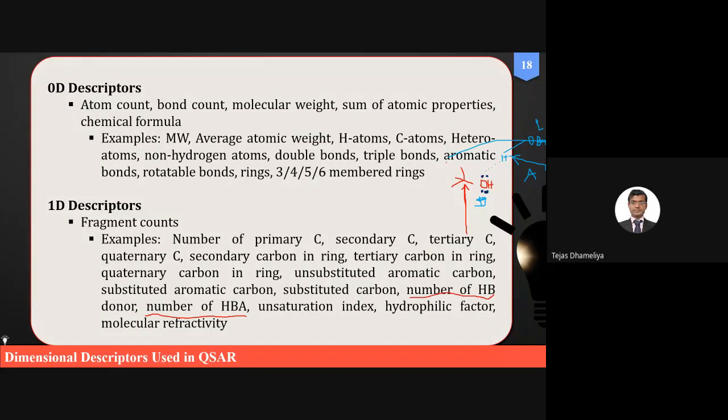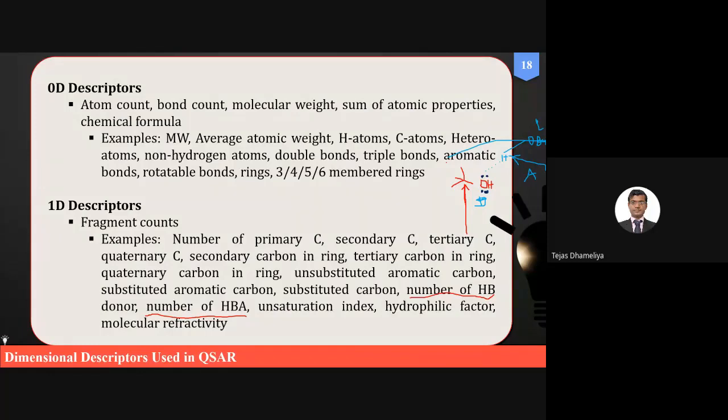Similarly, you can also remember the structure of aspirin, the phenyl ring which has OH and OC double O CH. So the number of OH and NH groups are considered, and the hydrogen bond acceptors are the atoms which are connected with electronegative atoms, and you consider them as hydrogen bond.